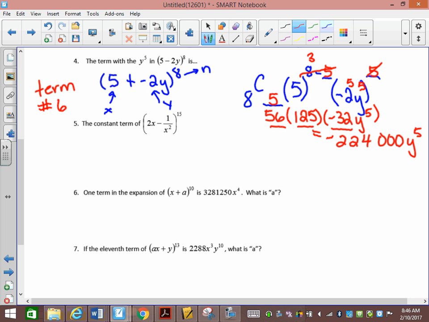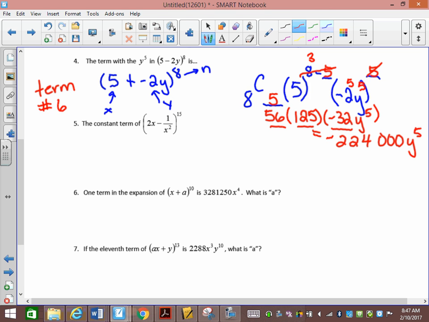What is the term? Negative 224,000 y to the 5. What's the coefficient of the term with the variable y to the 5? Coefficient is the number that's in front, right? The coefficient would be negative 224,000. You wouldn't have the y to the 5 because they're just asking you for the coefficient. They're asking you for the number in front.